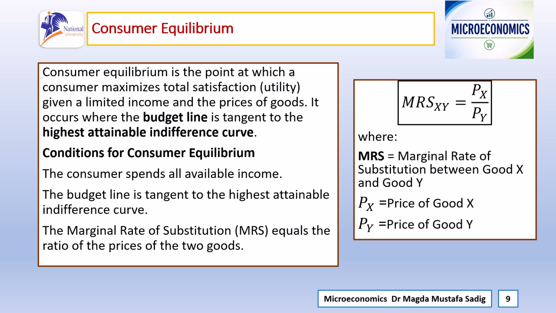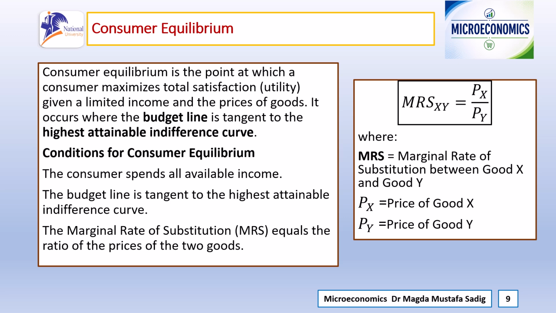And the third is that the marginal rate of substitution, or MRS, is equal to the ratio of prices of the two goods: MRS of X for Y equals price X divided by price Y. This condition ensures that the consumer has reached the optimal combination of goods.